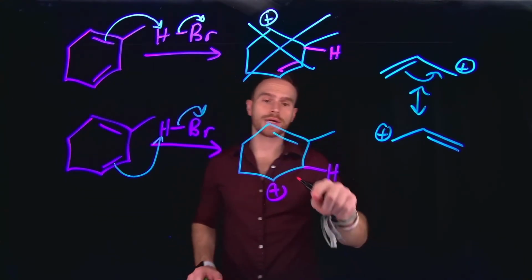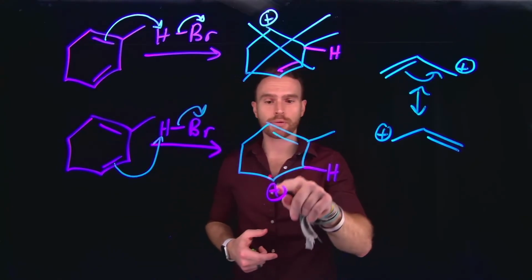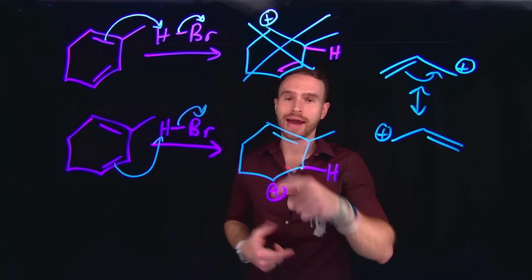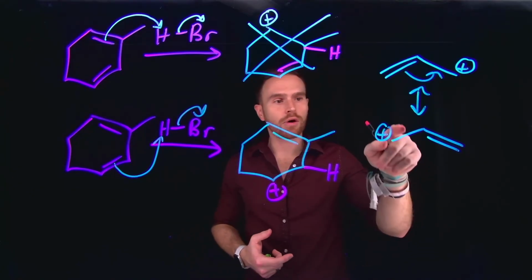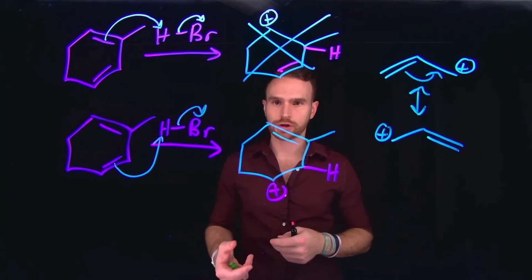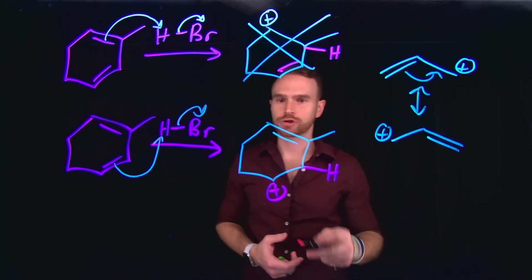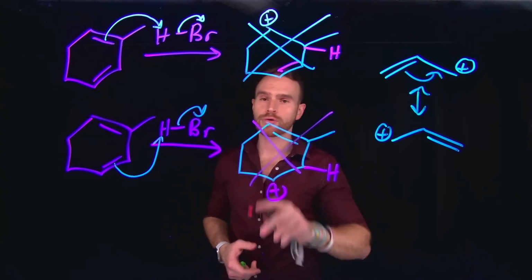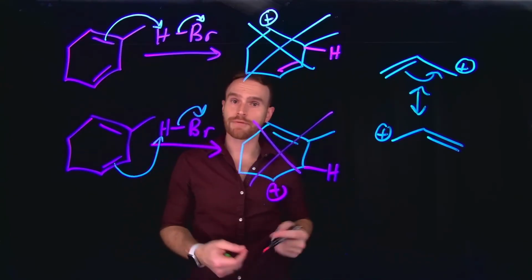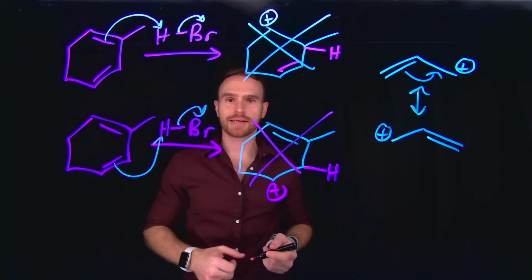Now again, what we can see is that there are 1-2 sigma bonds separating this carbocation and the pi electrons. We can only have a single sigma bond though in order for those pi electrons to be conjugated and thus provide us additional resonance structures. Therefore, neither of these intermediates would be the first step in a successful reaction with this conjugated diene.